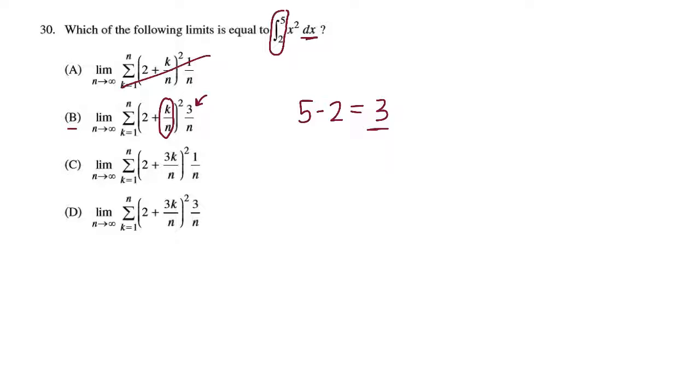So notice that that 3 is not showing up on the inside of this, so that's going to cause an issue with that problem, so that one's going to get thrown out. And then notice here we do have a 3 here, but we don't have the 3 out here, so that's gone. So the only one that has the 3 in both places like we need it is answer choice D.